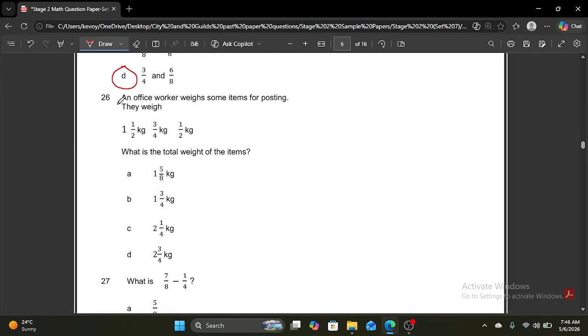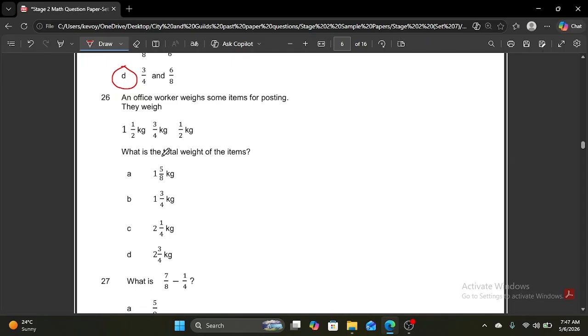Alright, so an office worker weighs some items for posting. They weigh 1.5 kilograms, 3/4 kilograms, and 1/2 kilograms.